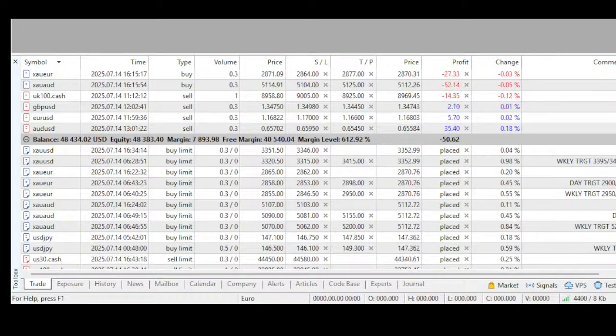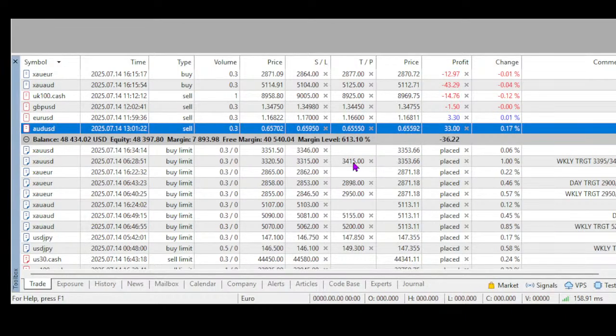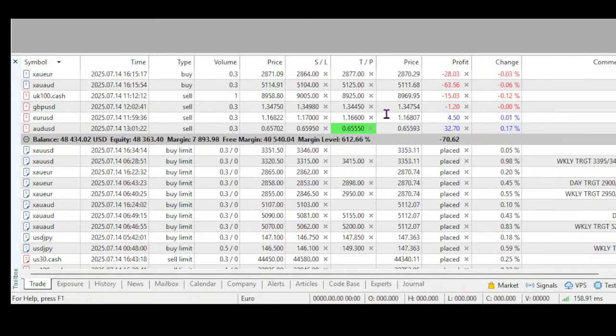Okay, let's look into the Aussie. Maybe for the Aussie, I want to raise my TP to 55. Then I think the stop I can also bring down to 70.